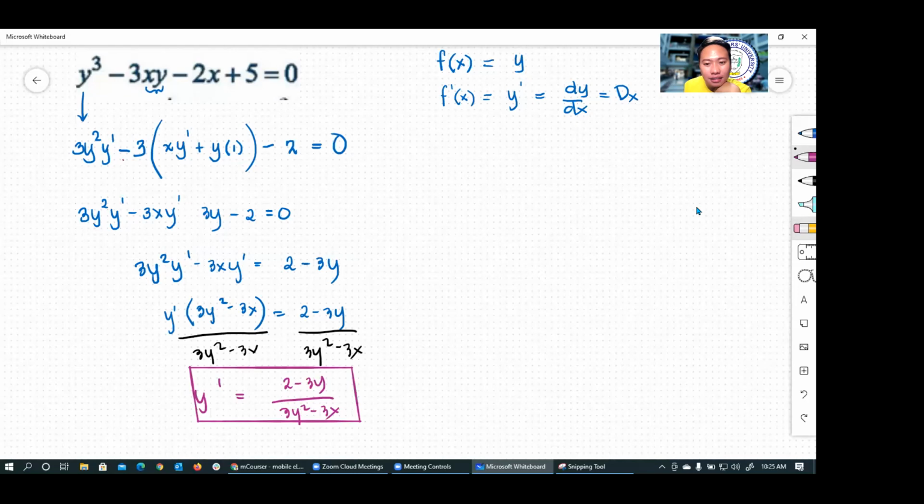Agree? Did you get that? When we distribute negative 3, it should be negative 3y. And then when we transfer negative 3y, this becomes positive. So it's plus. Okay, there you go. So let's compare it with the book.